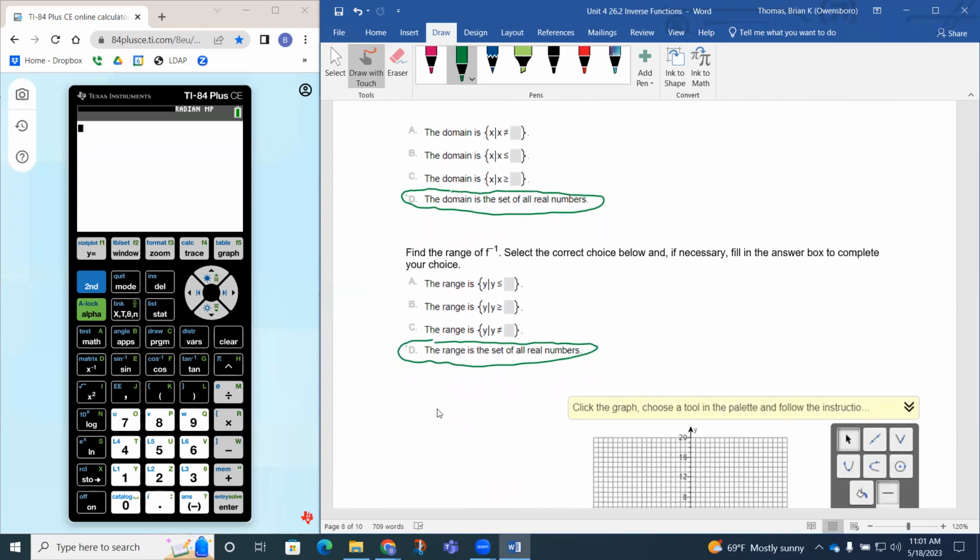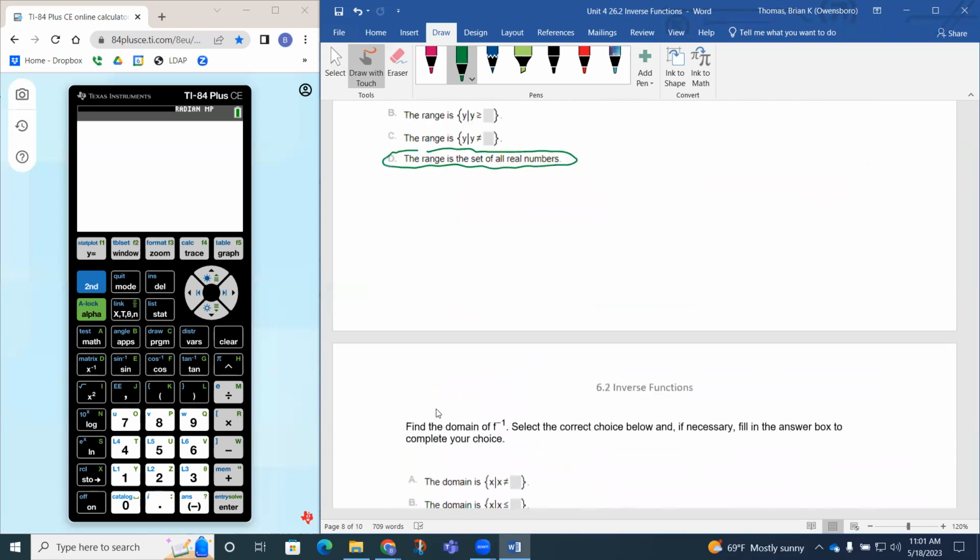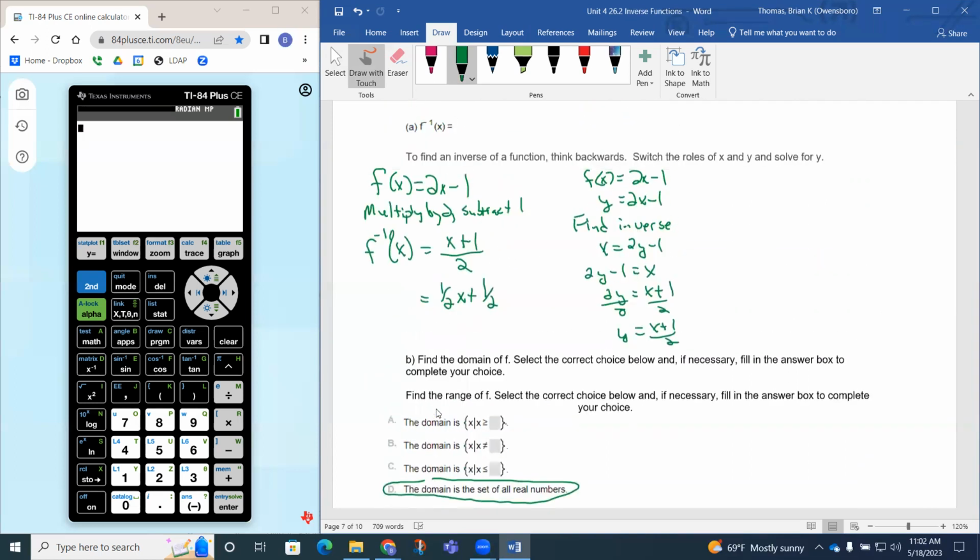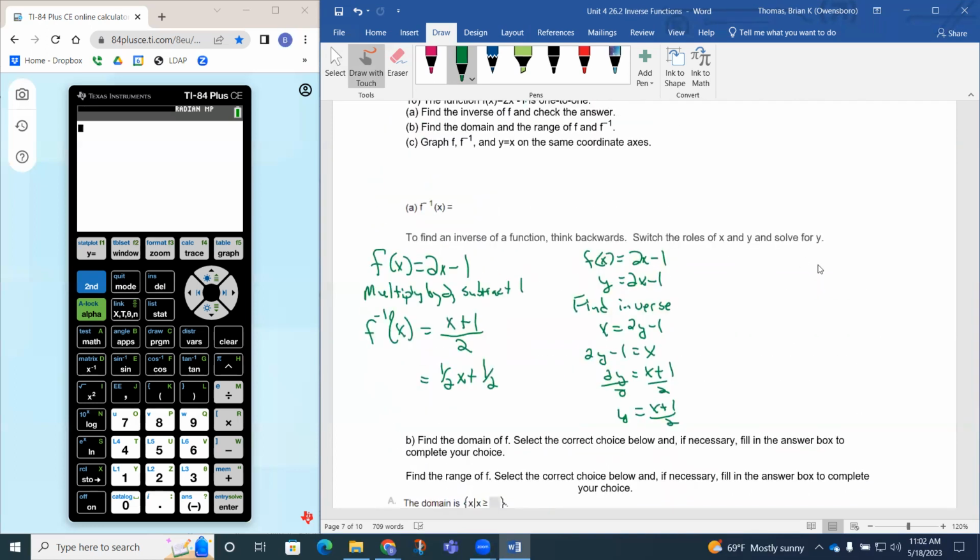So what they want us to do is graph these on a graph. Now the easiest way to graph this is, if I look at f of x, it's 2x minus 1. If I make a little bit of a table, notice that if I put 0 in for x, 2 times 0 is 0 minus 1 is -1. Remember, that's the y-intercept, -1. If you put a 1 in for x, 2 times 1 is 2, minus 1 is 1.